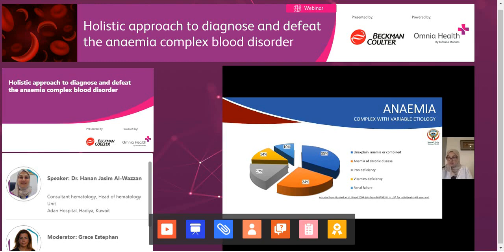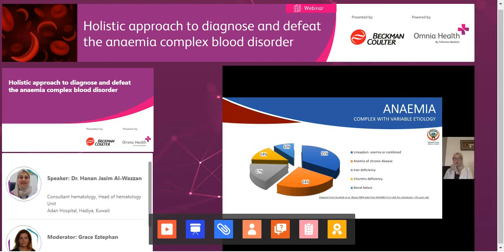These statistics, of course, are USA statistics, and these proportions differ, especially in developing countries, where anemia of iron deficiency or vitamin deficiency is more frequent. This shows the complexity of anemia and the challenges clinicians face in reaching a diagnosis.